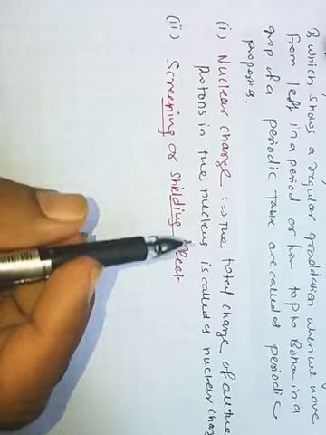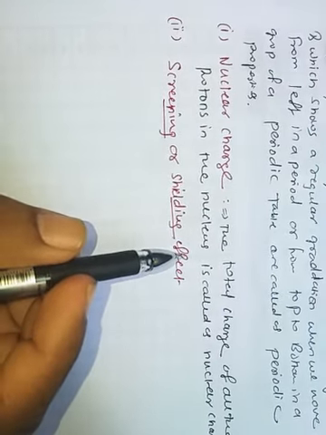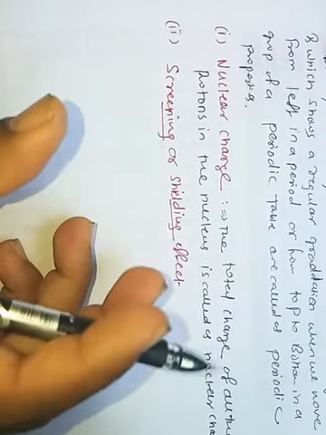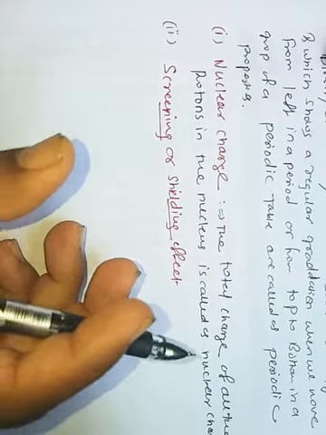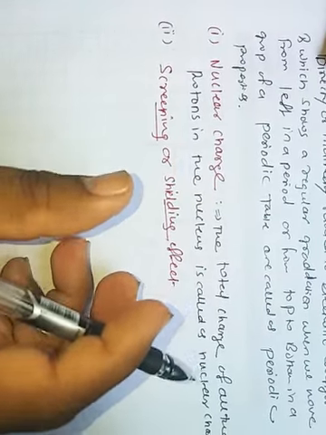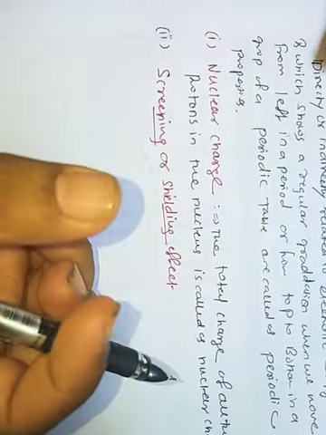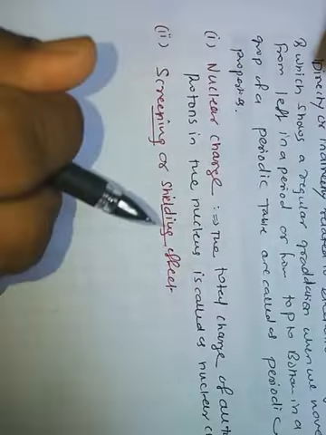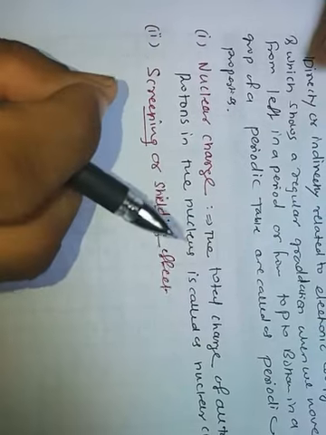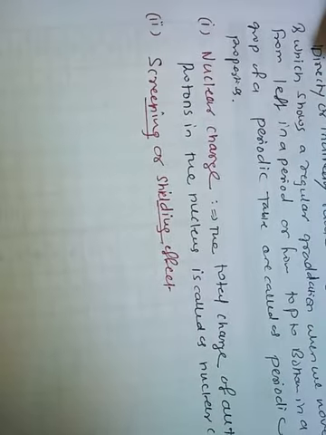When additional electrons are present in different orbits, the electrons repel each other slightly. This repulsion force works against the nuclear attraction force, decreasing the attraction between the electrons and the nucleus.